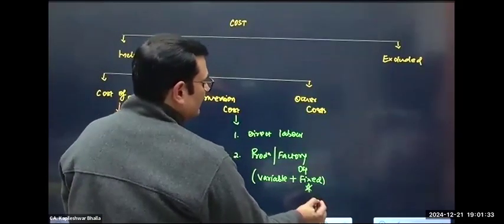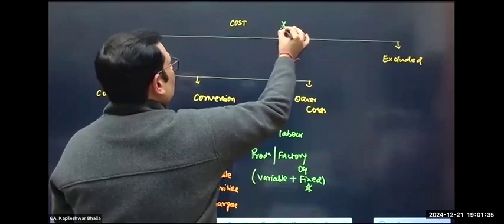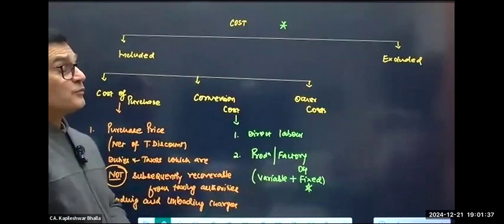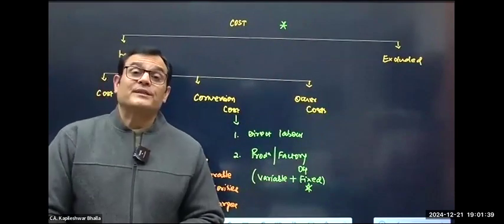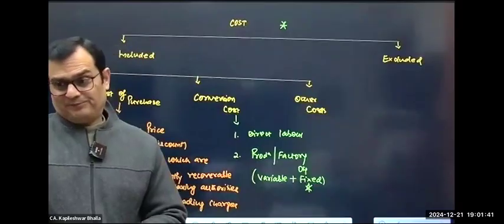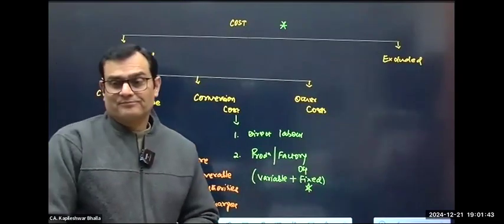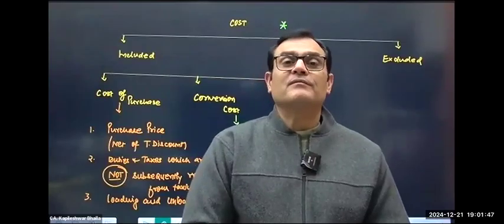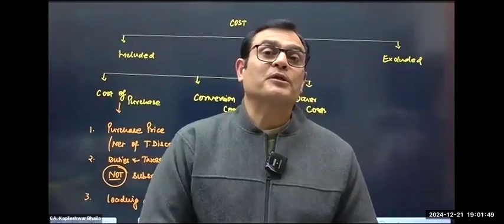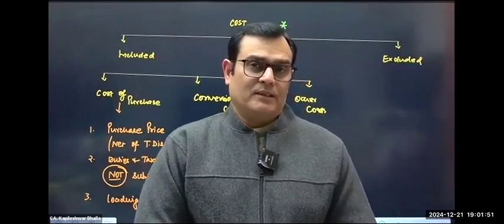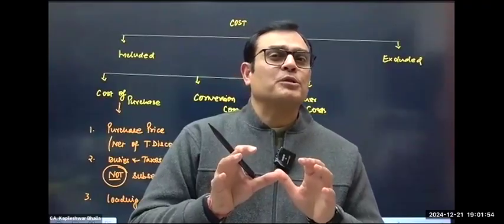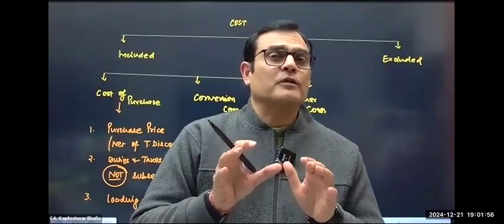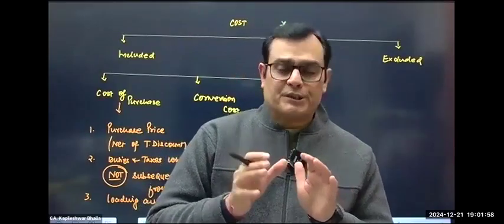For fixed overheads, for inventory, how do you calculate a recovery rate? We convert it on a per unit basis. So what is the manner in which a recovery rate is taken for the purposes of fixed overheads?